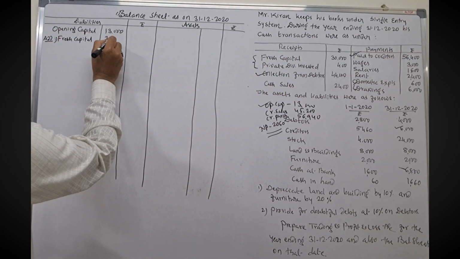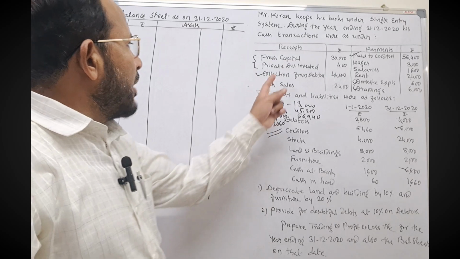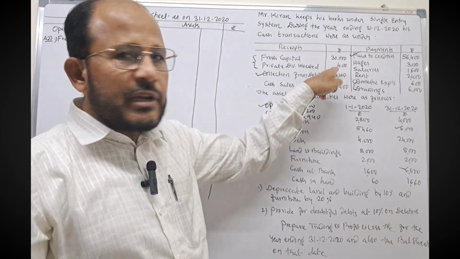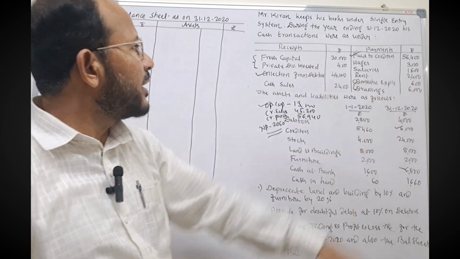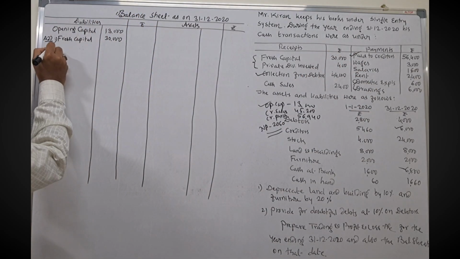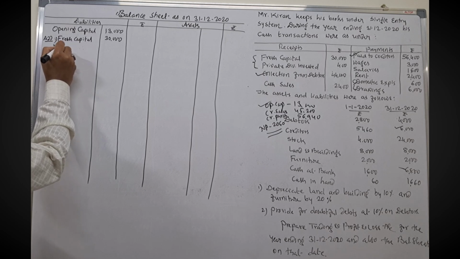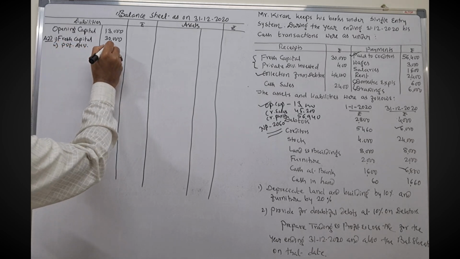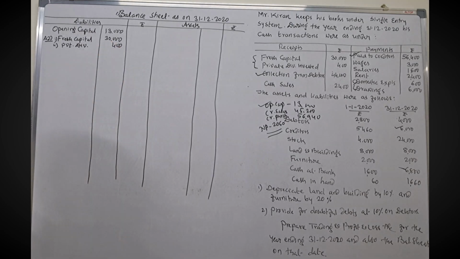I told you, whatever the private dividend, this is his private income, that amount he has invested in his business. Therefore, this should also be treated as additional capital. Hence, I am going to add private dividend, 400.